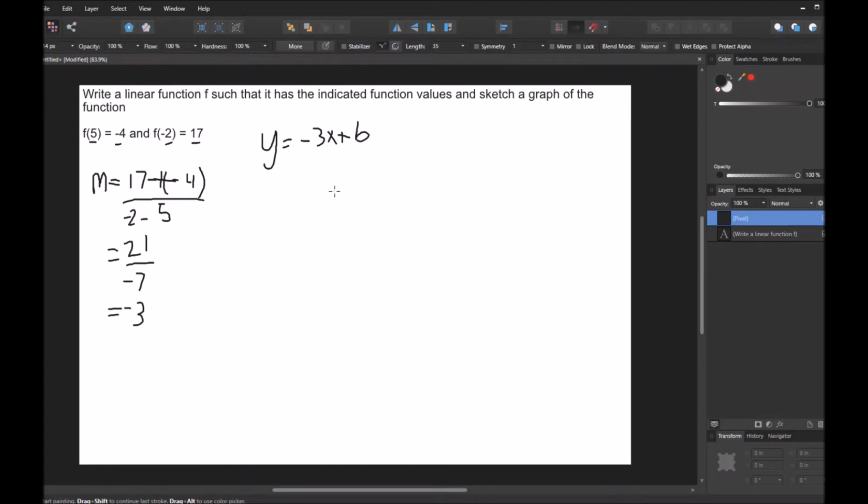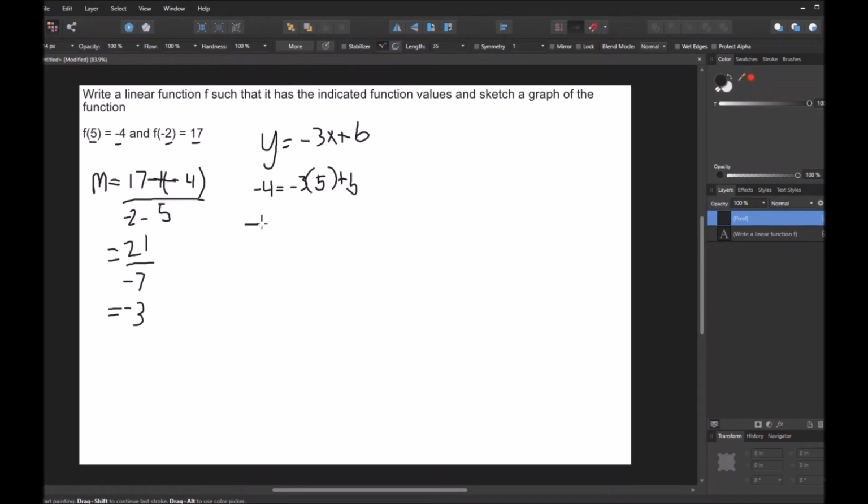So now we want to find out what our b value is. We can plug in any x or y ordered pair for this, and then just solve for b. So we could plug in negative 2 and 17, or we can plug in 5, negative 4. I'm going to do 5 and negative 4 just because those are easier numbers to work with. So negative 4 equals negative 3 times 5 plus b.